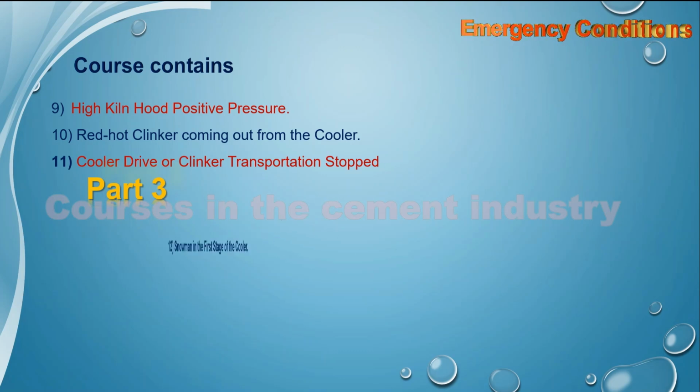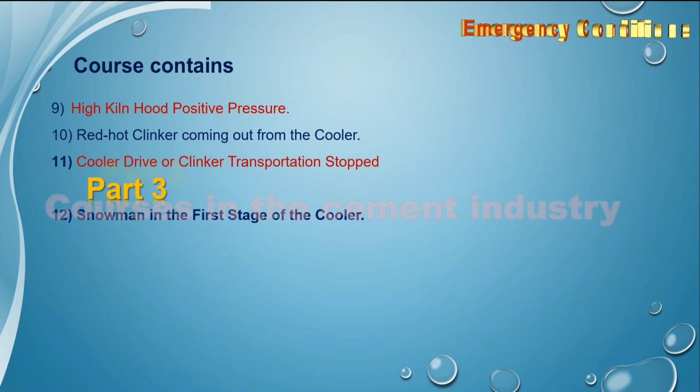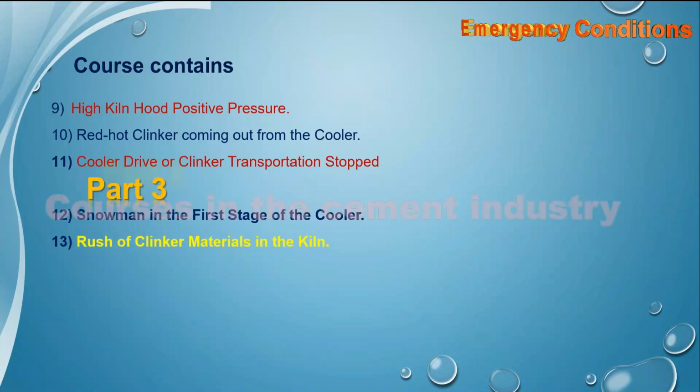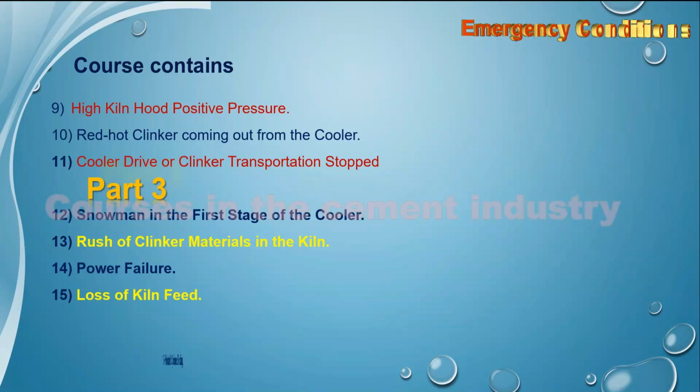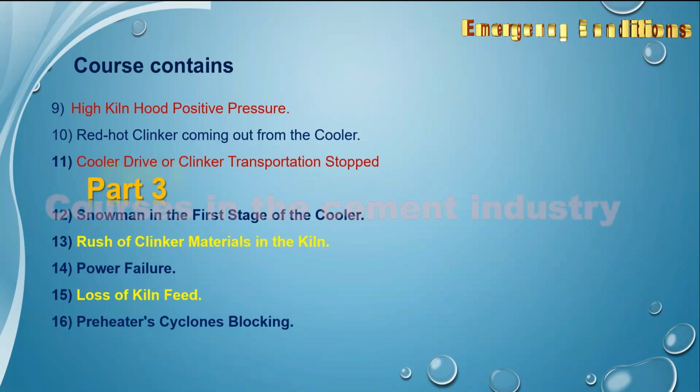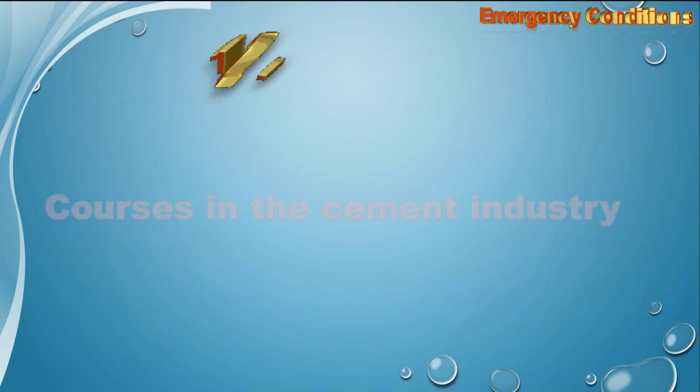Part 3 covers: 12. Snowman in the first stage of the cooler. 13. Rush of clinker materials in the kiln. 14. Power failure. 15. Loss of kiln feed. 16. Preheater cyclones blocking.